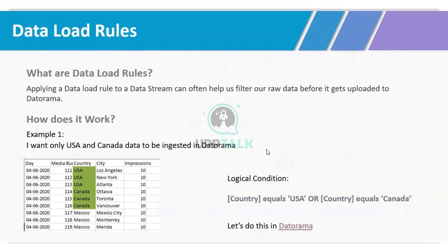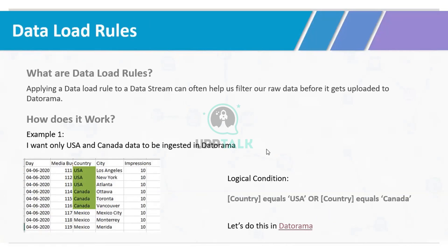That will be giving me data for the two countries. Are we good? Yes. Country equals to US or country equals to Canada is going to give us this thing.